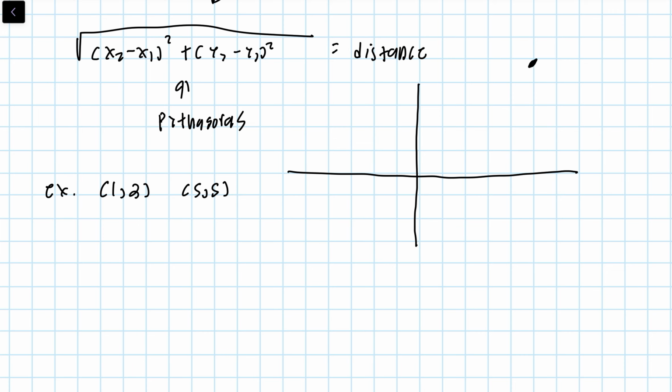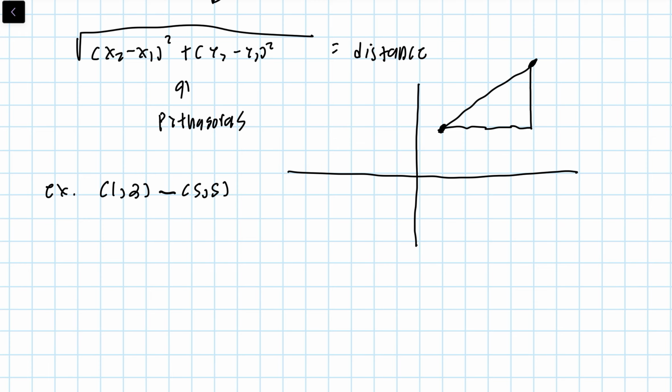I think this is 5, 5, and then 1, 2 is gonna be around here. So you could see already that from 1, 2 to 5, 5, it's gonna be this line right here. However, you can also see that you have this many steps going that way and this many steps going that way.